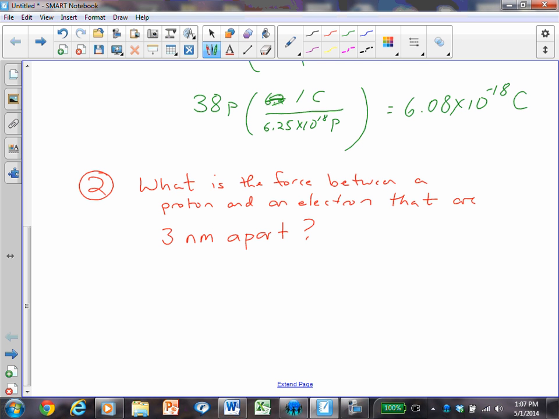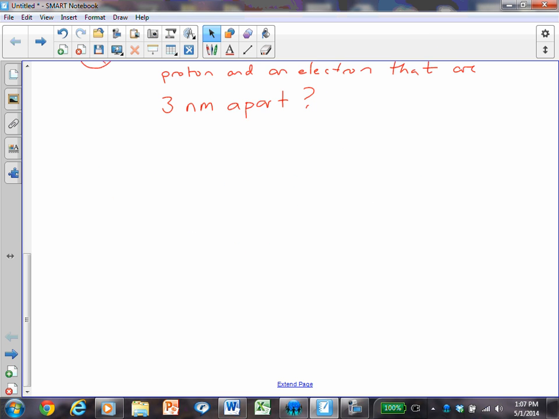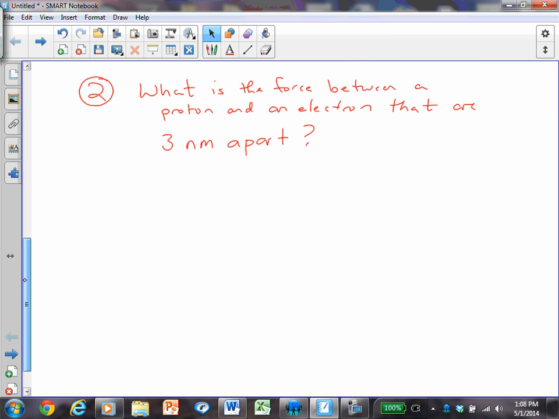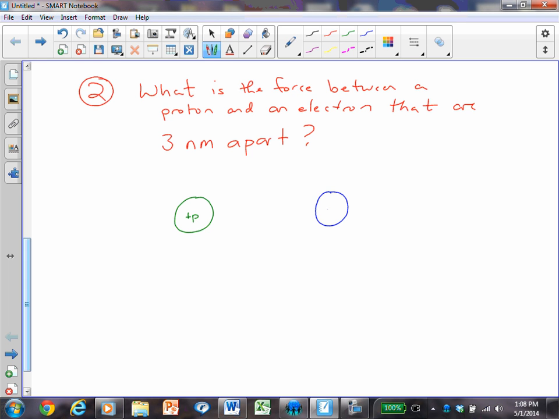All right, so what do I do here, Tommy? Since the proton's positive, it's going to be an attractive force, isn't it?